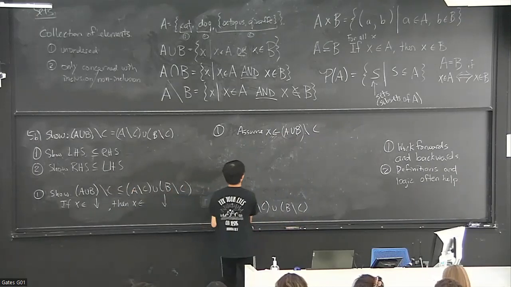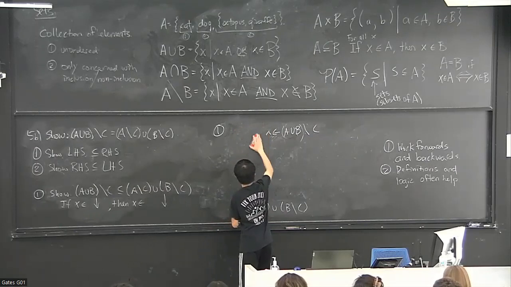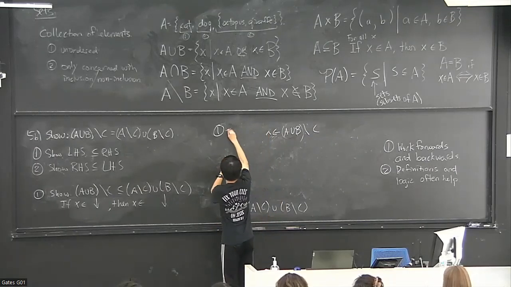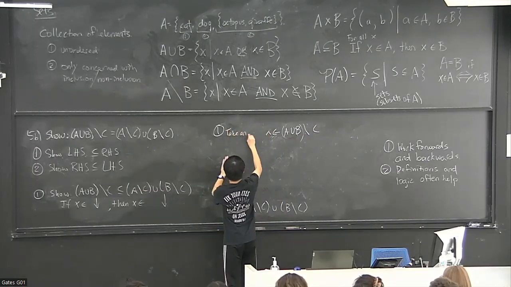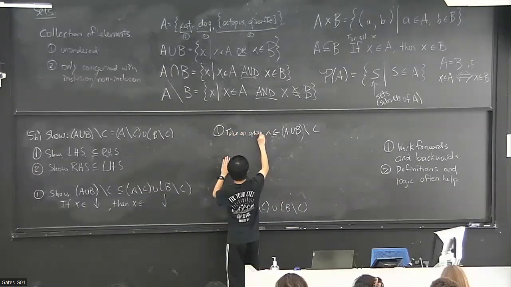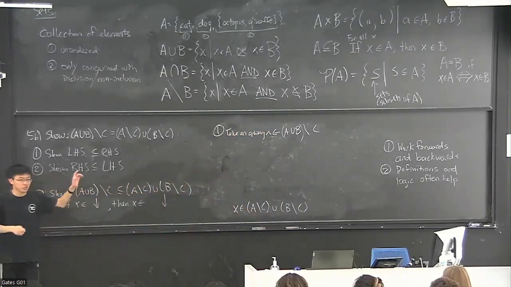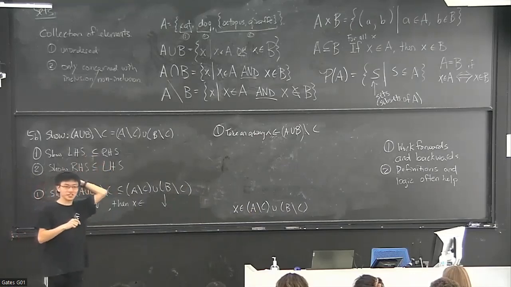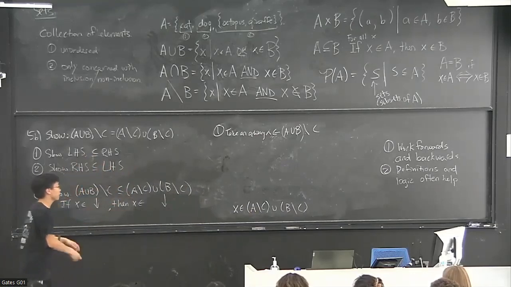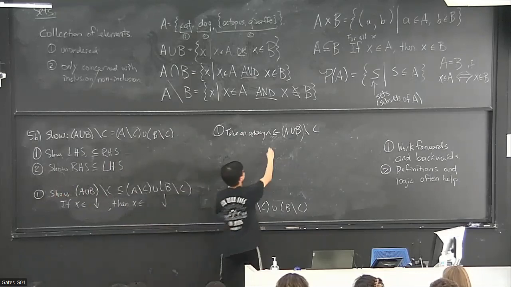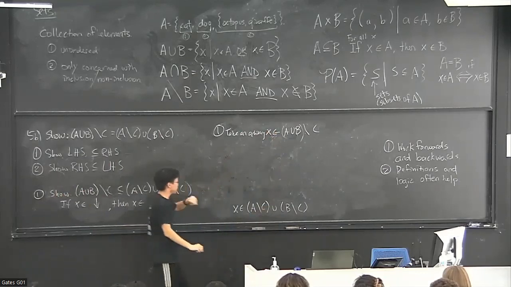It's technically more correct if you say take an arbitrary x in that. My preference is that you write that instead of assume x in A union B minus C, but we'll keep it at this for now.